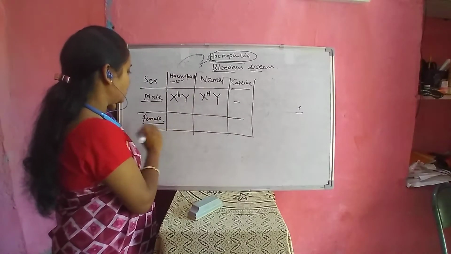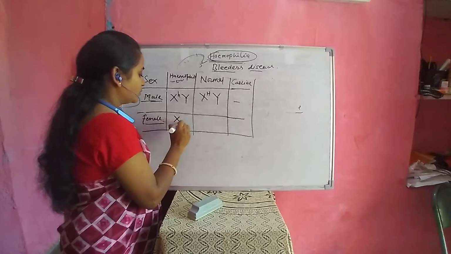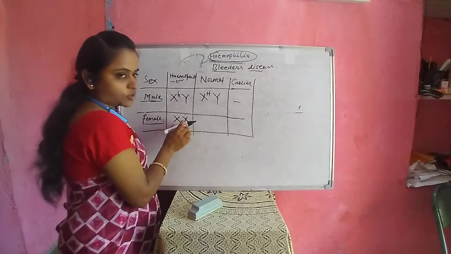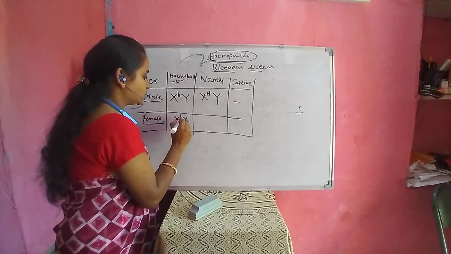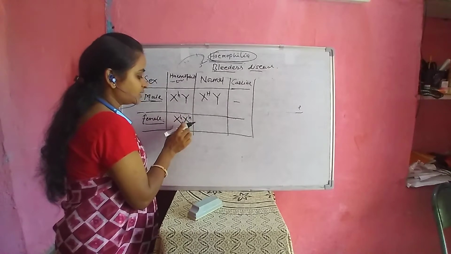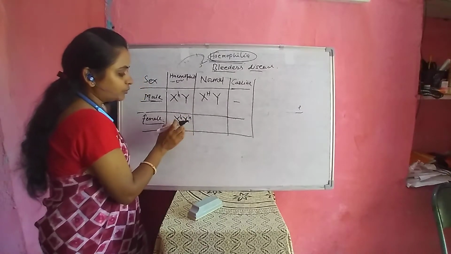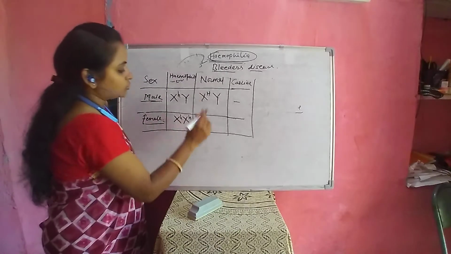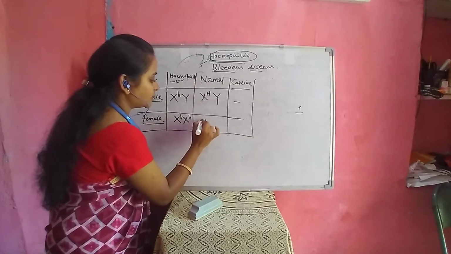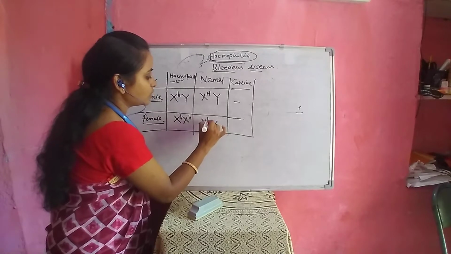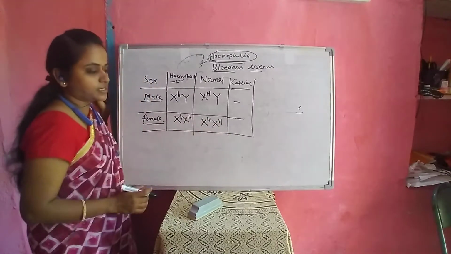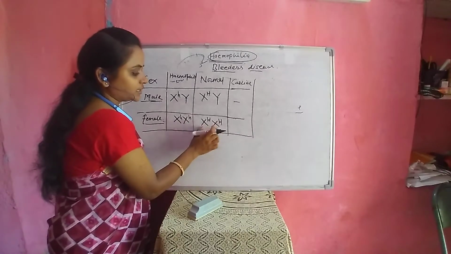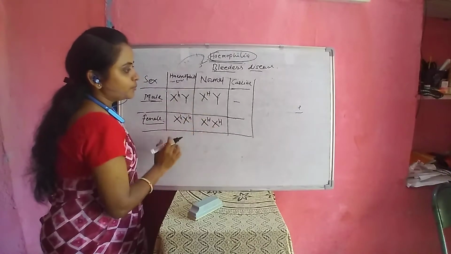Next, for the female, we know that there are two doses of the X chromosome. When the small h, the recessive gene, is present on both X chromosomes, the female will be fully hemophilic. For the normal female, the dominant gene of hemophilia is present on both X chromosomes, and it is normal in nature.